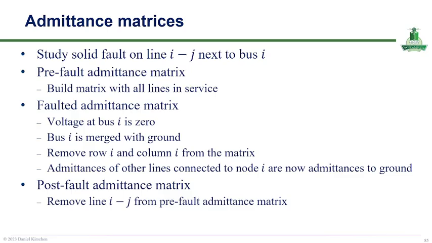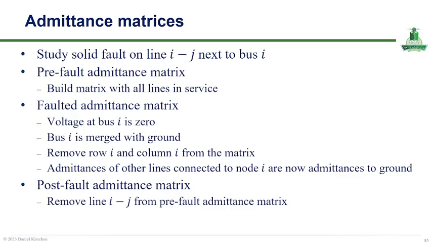During a solid fault on line i to j near bus i, the voltage at bus i becomes zero, so bus i is effectively connected to the ground. In the faulted admittance matrix, row and column i are removed and the connected line admittances become shunt admittances to ground.